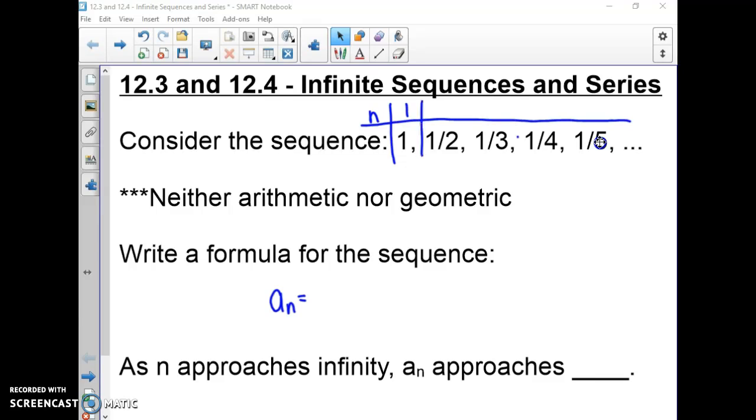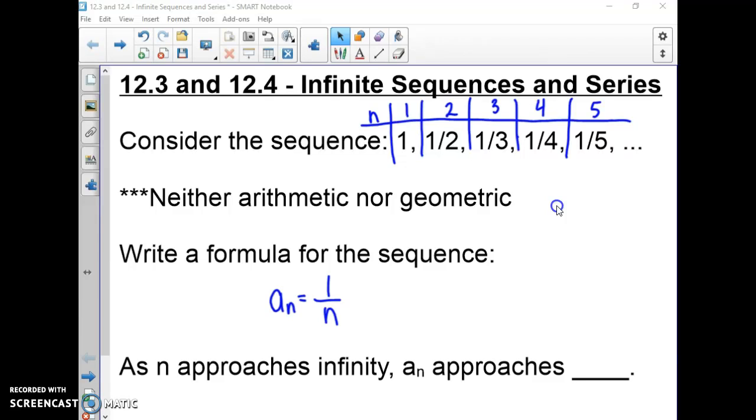This would be the first term, second term, third term, fourth term, fifth term. So for the first term, we've got 1. For the second term, we've got 1/2. For the third term, we've got 1/3. Fourth term, we've got 1/4. So would this formula work? 1/n. Right, just 1 over the number the term is.